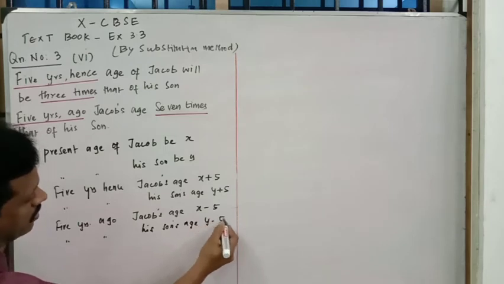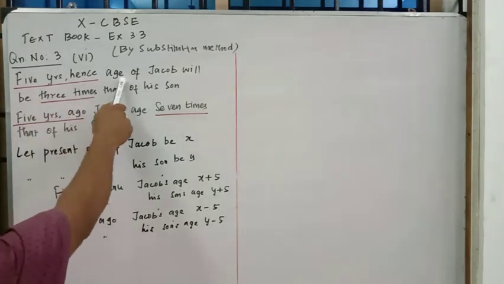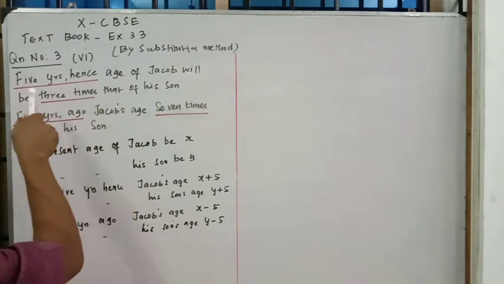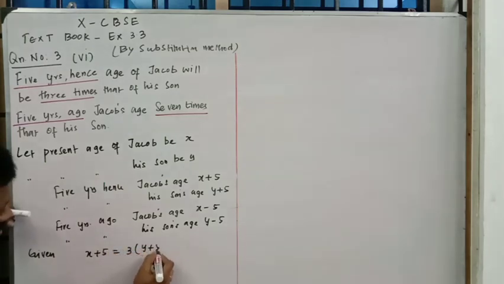Okay. If you take the first condition, 5 years hence, the age of Jacob will be 3 times that of his son. First condition given: Jacob's age is 3 times that of his son.